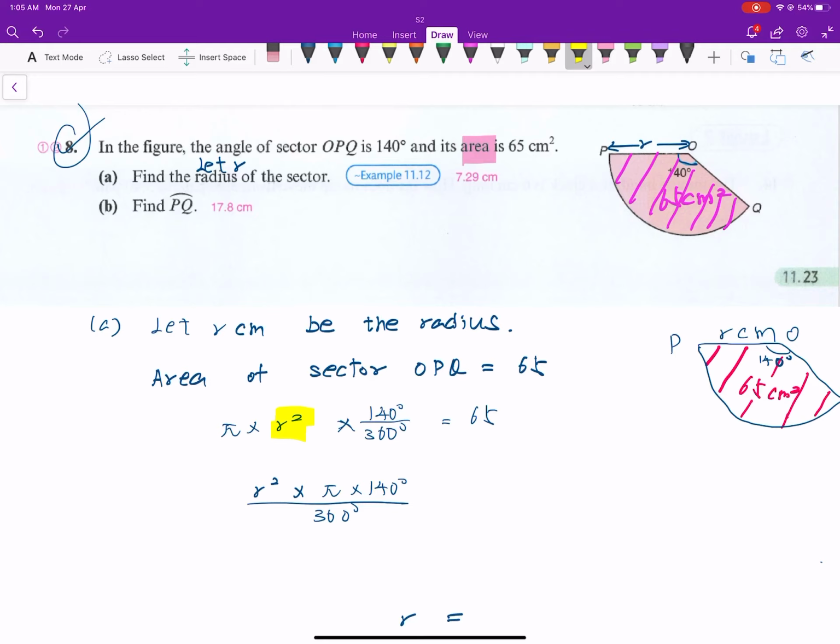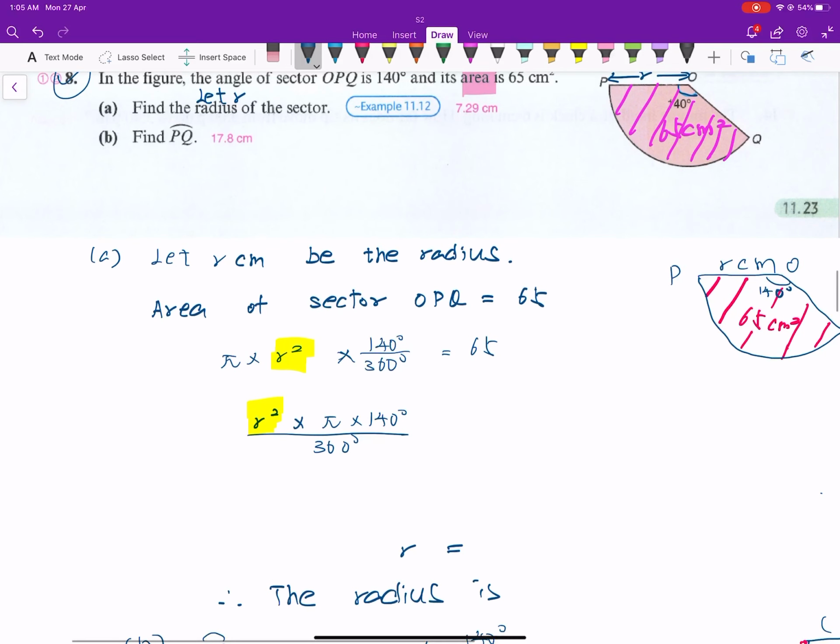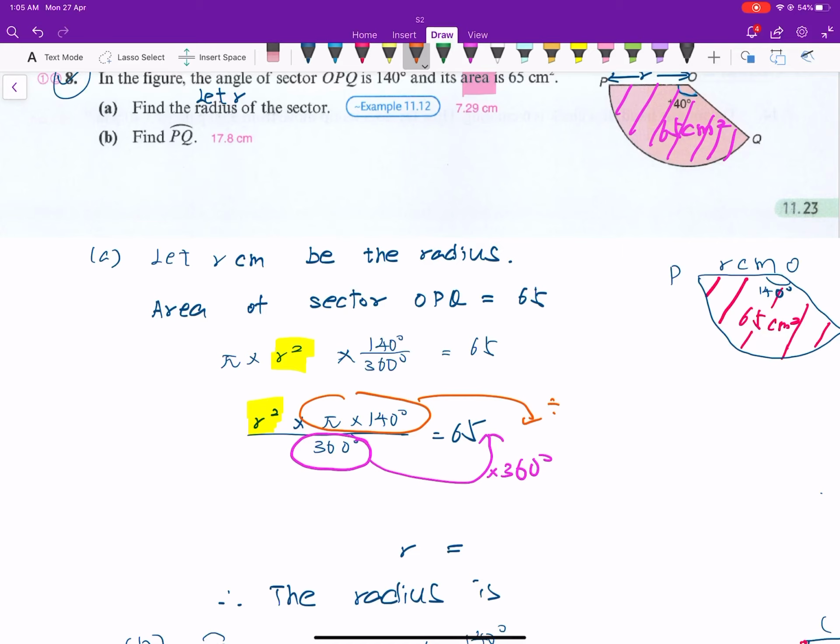We will keep r squared, and we will move the divided by 360, so here it is times 360. And for here, it is r squared times 140 pi, so it will divide by 140 pi.